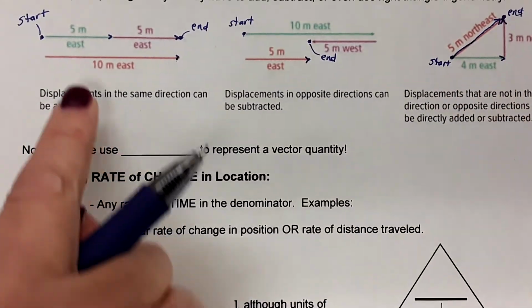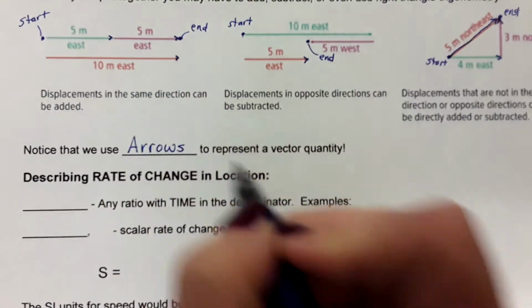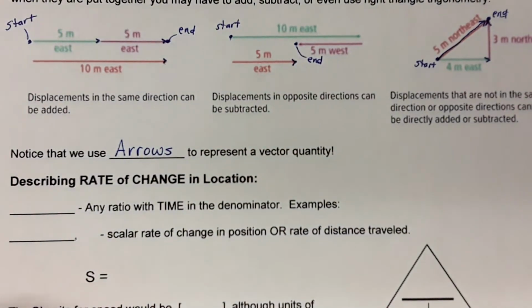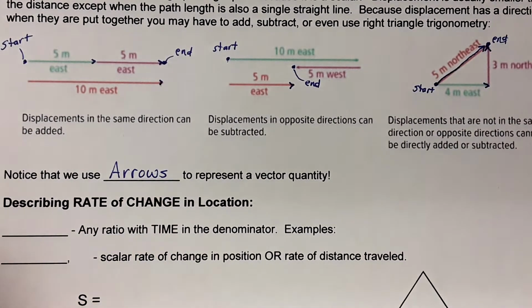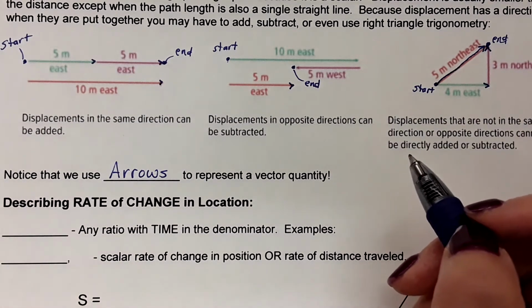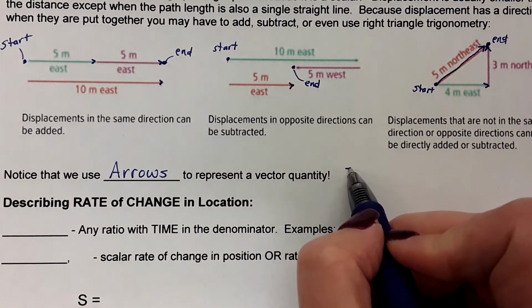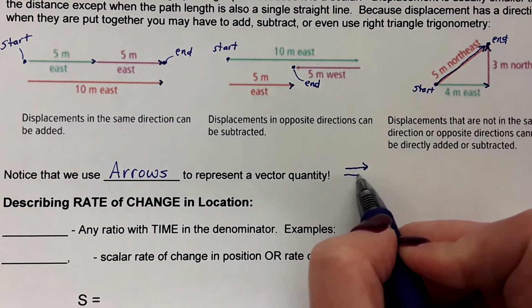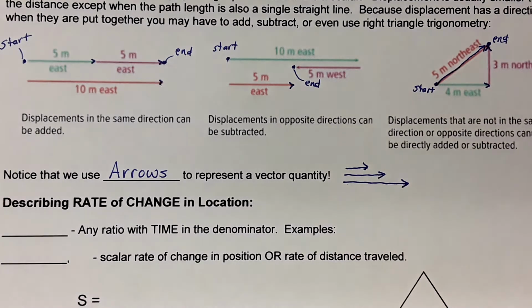Now, notice that in all of these cases, we are using arrows to represent the vector quantity. And that's always true. Anytime you have a vector, you can represent it on a diagram like this with an arrow. Now, why can you do that? Well, it's simple, okay? It's because arrows, if you change the length, you're showing magnitude.